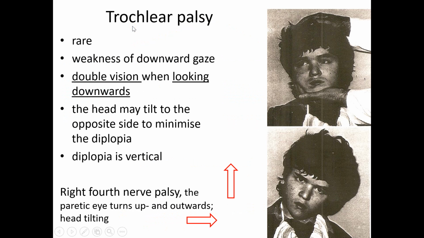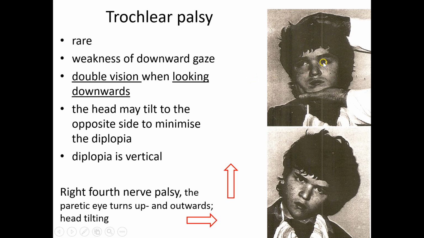This is a fourth trochlear nerve palsy example. Here, see if you can identify the damaged side. Trochlear nerve palsy is a rare palsy. And what happens in trochlear nerve palsy? There is weakness of downward gaze. Especially there is double vision when the patient is looking downwards and inwards.